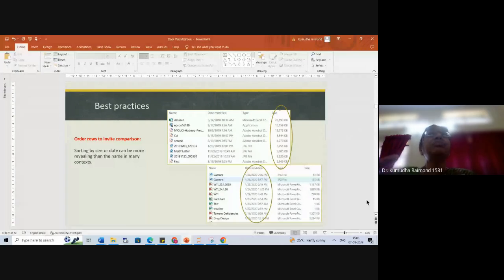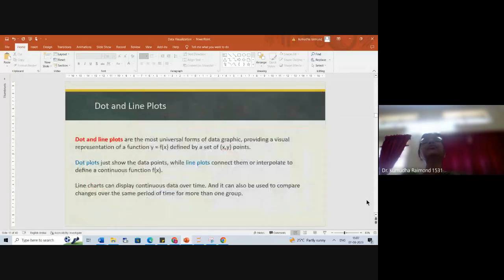But if the data is very huge, running into a lot of rows and columns, then it is not easy. Even if I follow all the good practices, it may not be easy to understand the data, get a pattern, or get more insight into the data. If the data is very small, of course, it is possible to have a lot of clarity on the data. So that we already saw.